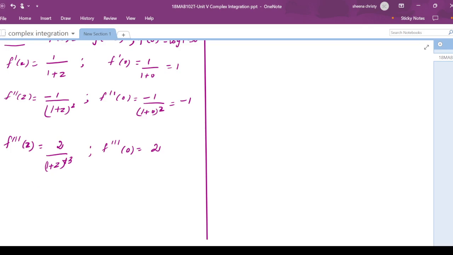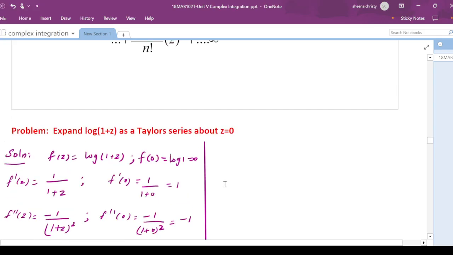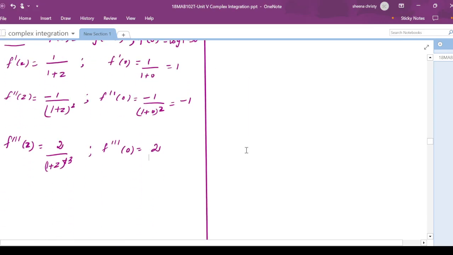So what is the formula here? If you are getting Taylor series about z equal to 0, it is called what? Maclaurin series. So what is the Maclaurin series?